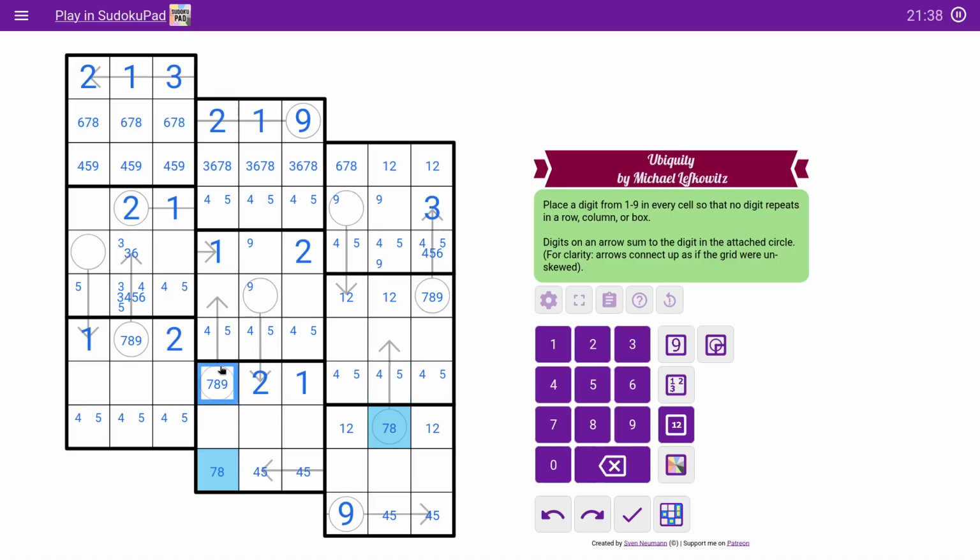I feel like I should be able to make more use of knowing that these are different. These are 3 through 6.